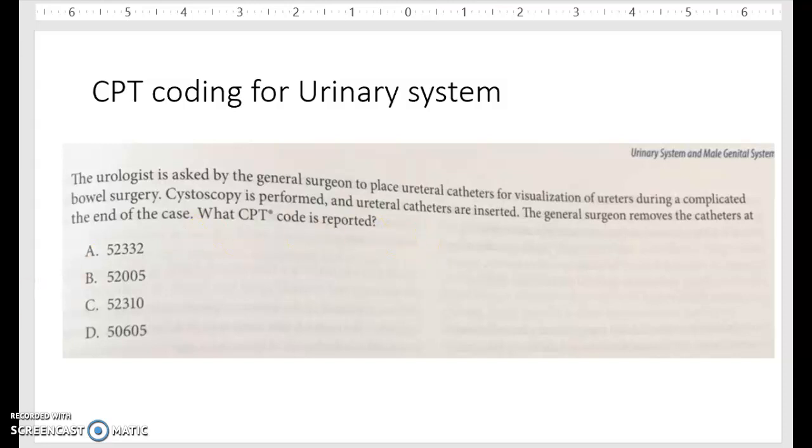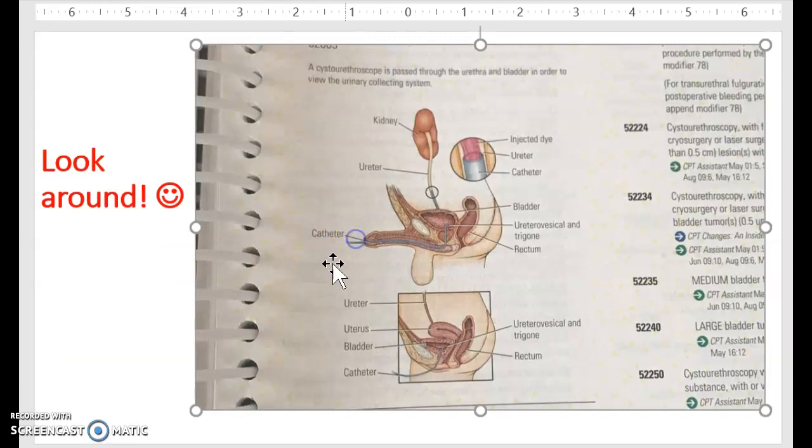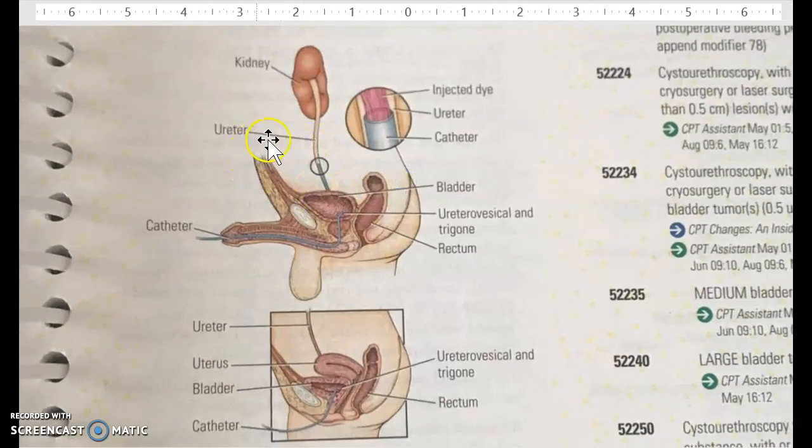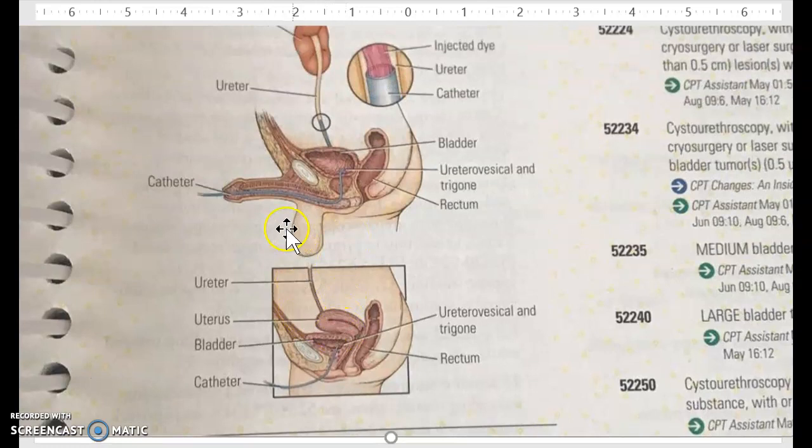let me show you, I think I have a picture here. If you notice, there is a ureter and there is a urethra. Can we see the urethra here? No. Anyway, this thing that is within the male anatomy is the urethra.